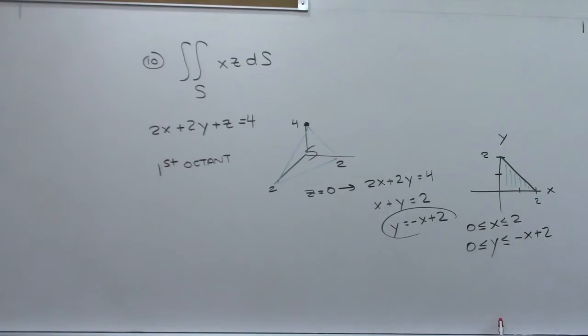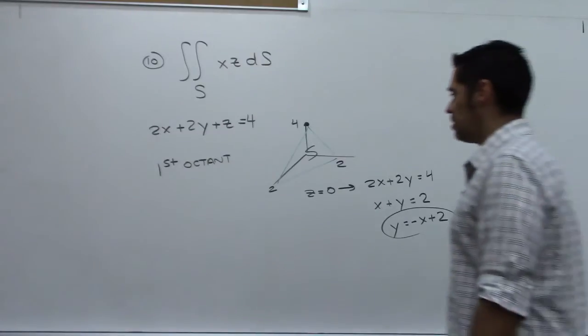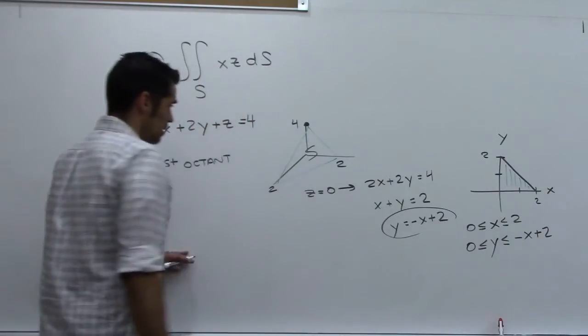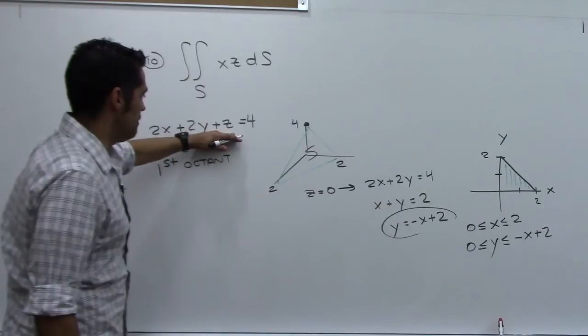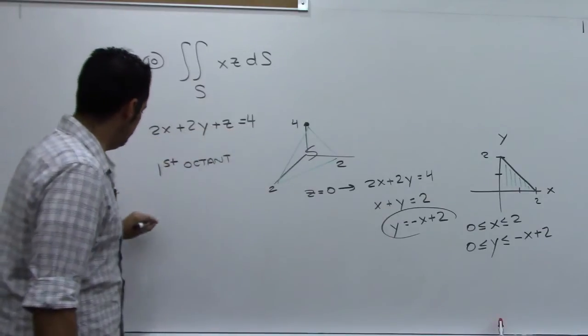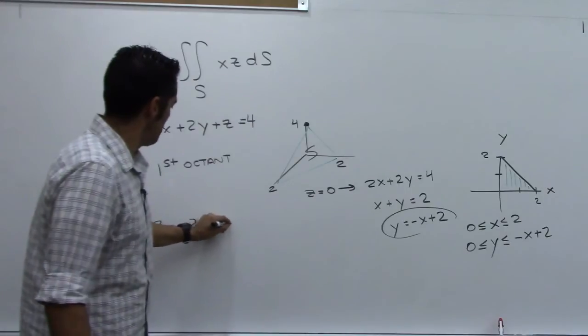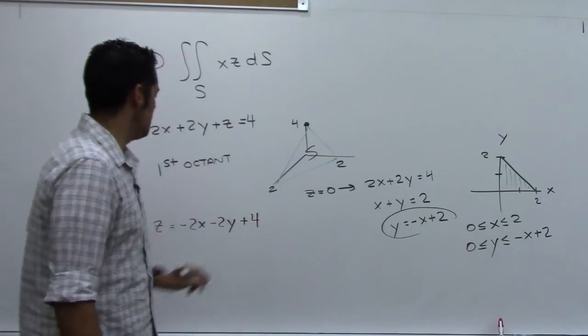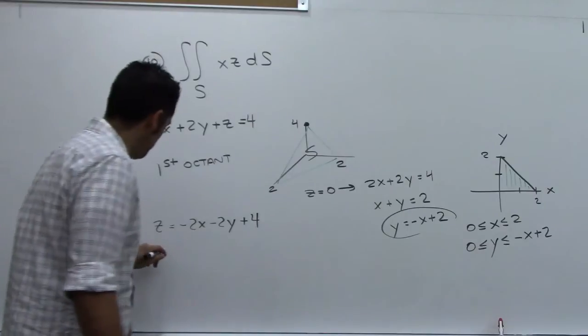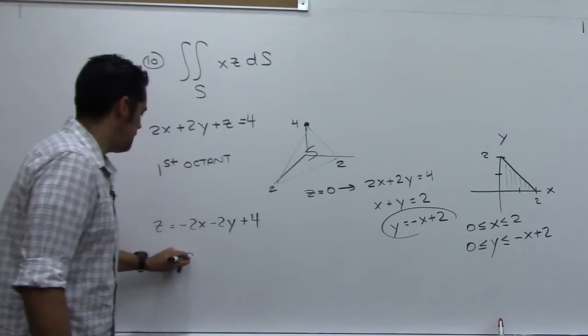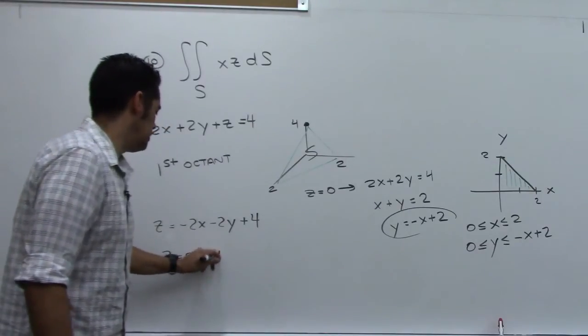And I should be okay to use a special case here because my z coordinate, I can solve this for z, like that. And now my z is a function of 2 variables.